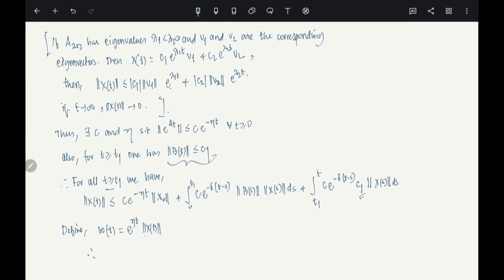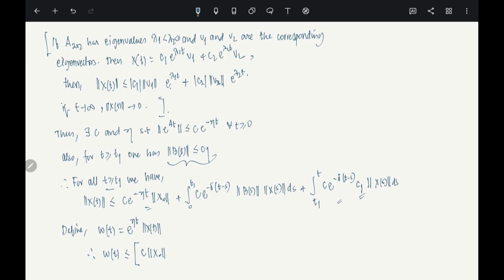Therefore, w of t is dominated by this term c times norm of x naught, this term e to the power eta t goes there, and this term, so e to the power eta t, sorry, what is delta?